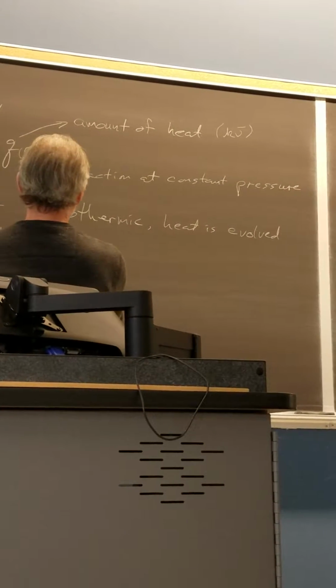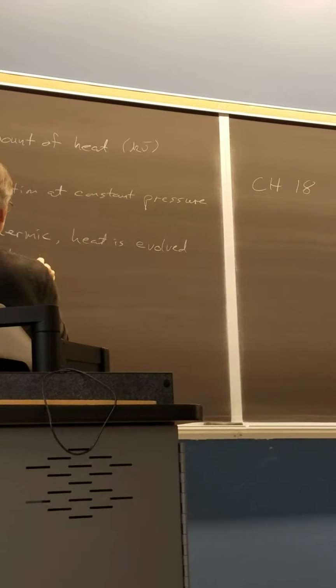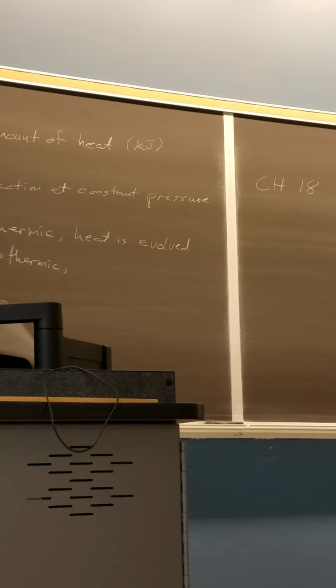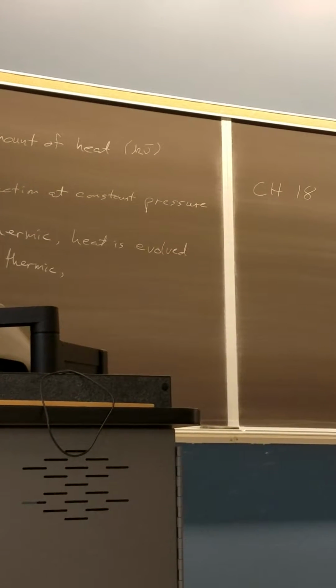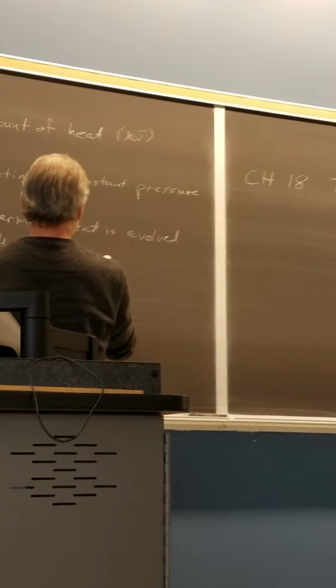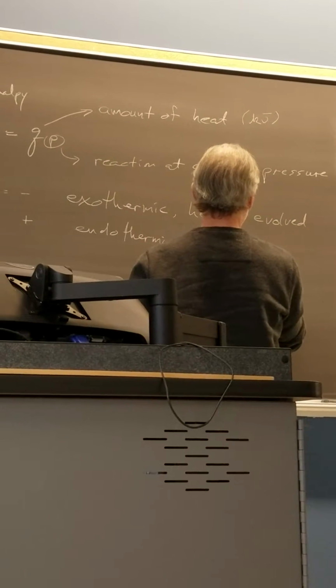Positive is just the opposite, called endothermic. So you do an endothermic reaction. Initially it gets cold, and then it pulls in heat from the surroundings. So heat is brought in or absorbed by the system.